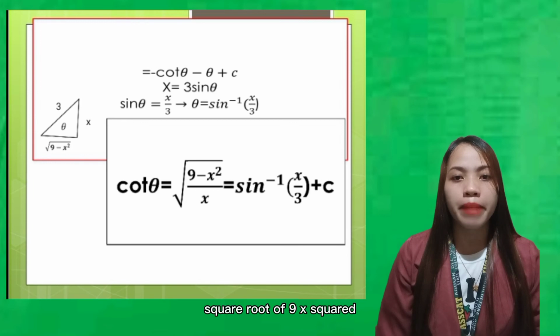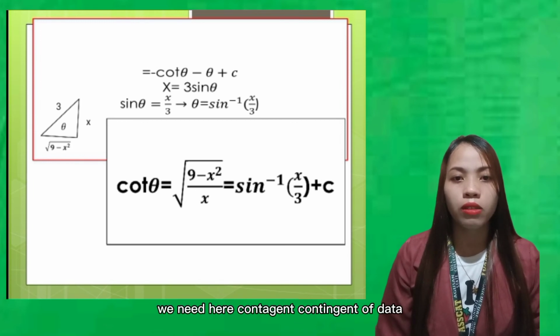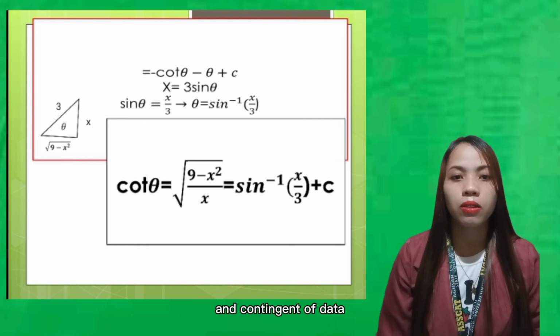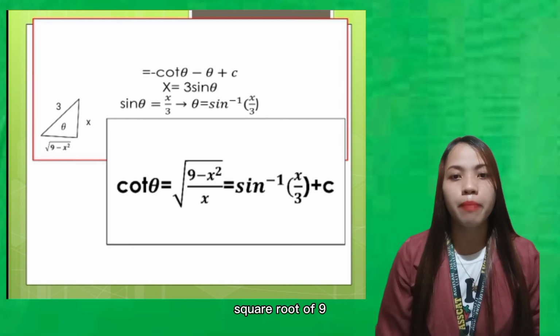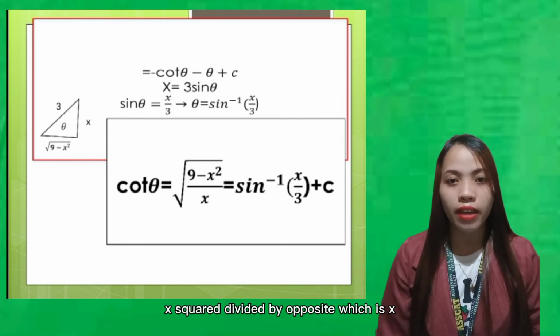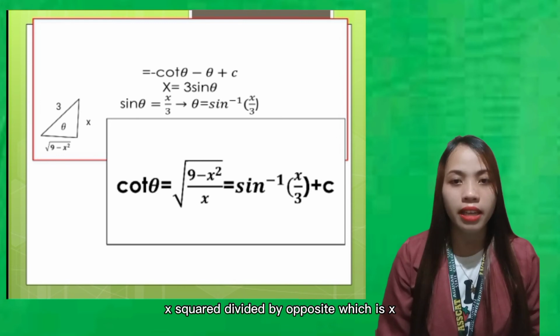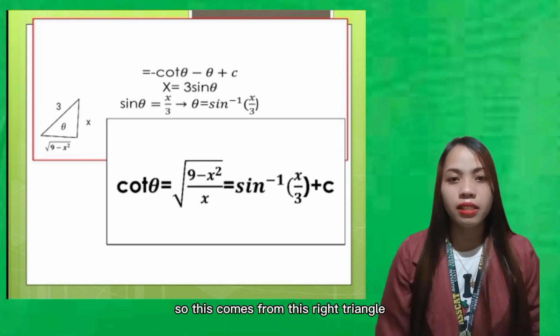The adjacent side is the square root of 9 minus x squared. We need cotangent of theta, and since cotangent of theta is adjacent over opposite, it is the square root of 9 minus x squared divided by x. So this comes from this right triangle.